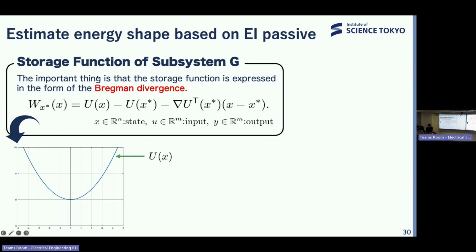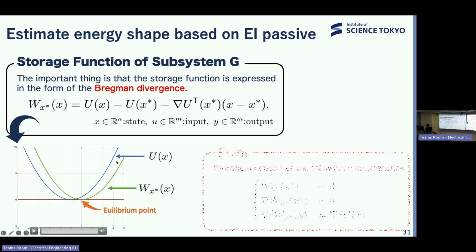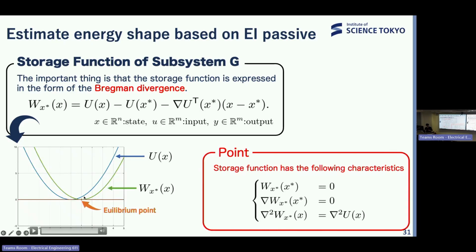The important thing is that the storage function is expressed in the form of the Bregman divergence. If the energy function looks like this, and the equilibrium point is set to this point, the Bregman divergence can be obtained by the shift of the energy function.